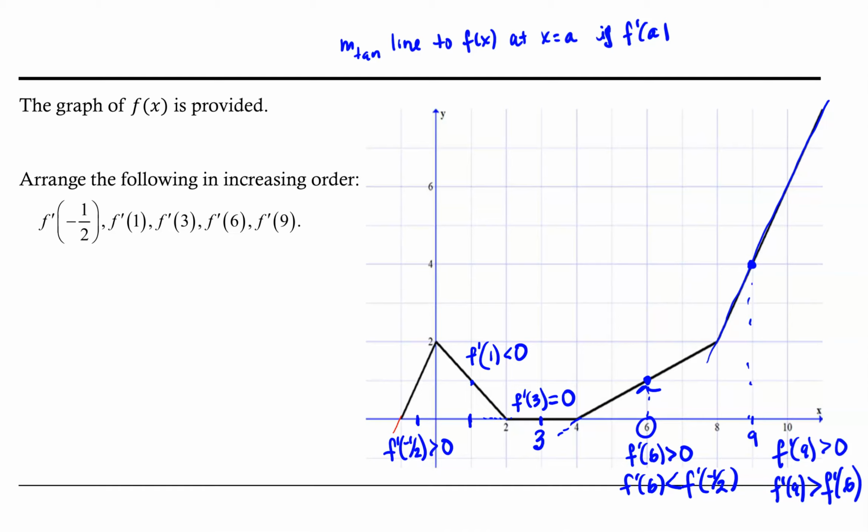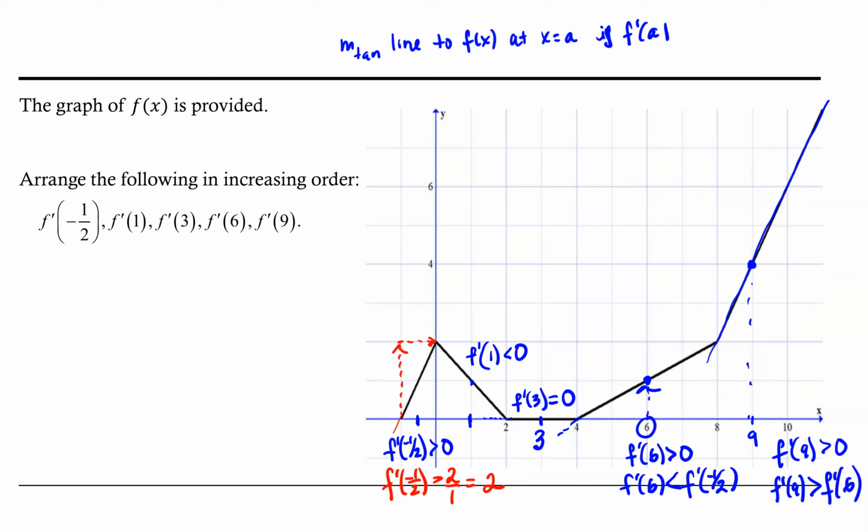So in the case of having a scale here, we can actually figure that out. So f prime at -1/2, if we do vertical change of 2 over horizontal change of 1, we see that the slope of the tangent line is 2.